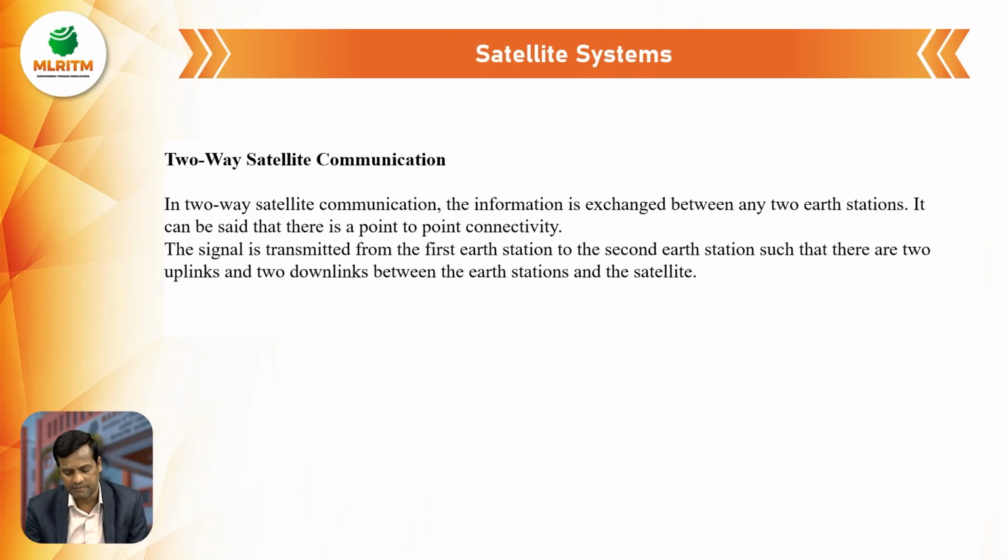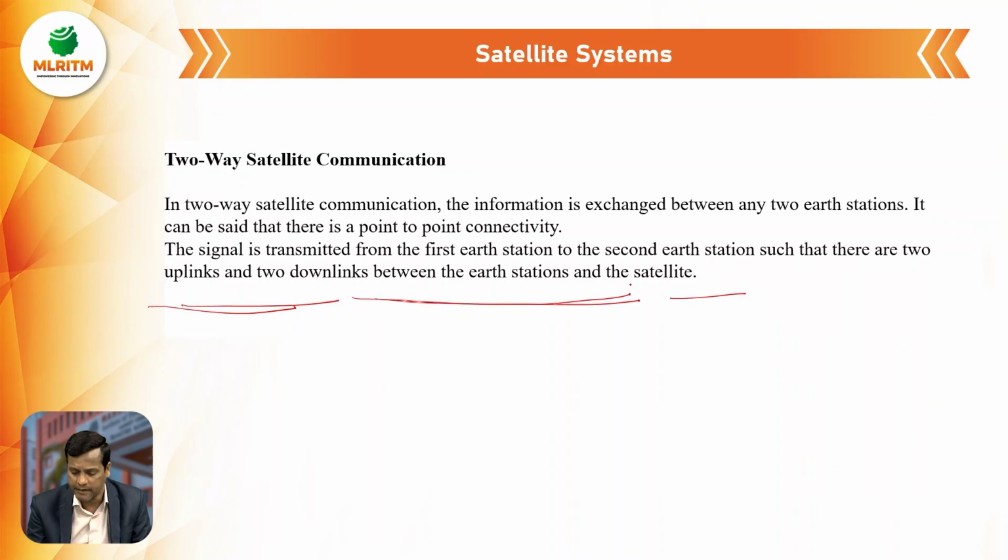The signal is transmitted from the first Earth station to the second Earth station such that there are two uplinks and two downlinks between the Earth stations and the satellite.